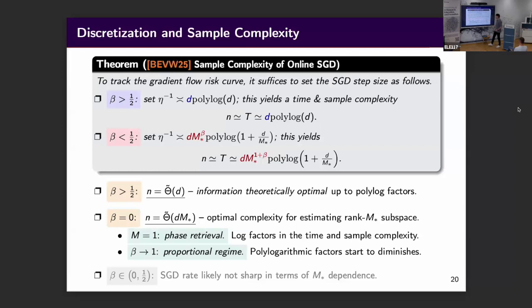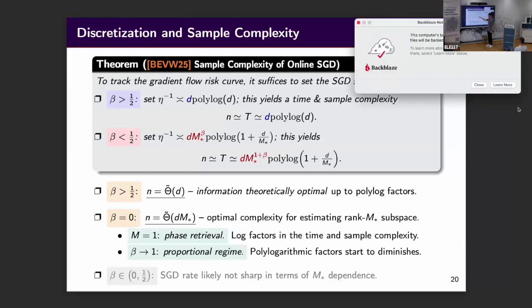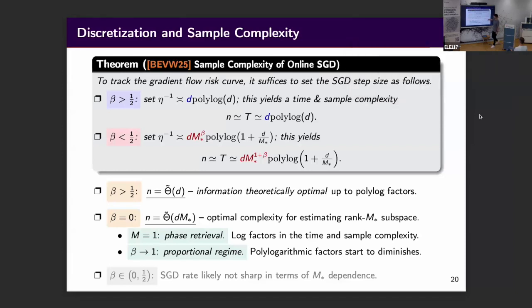The interesting observation is that as beta goes to 1, this ratio D divided by M star is going to become closer to a constant, and then this log is gone. Of course, I cannot make this claim rigorous because we cannot exactly cover the linear width regime. I cannot take beta equals 1.